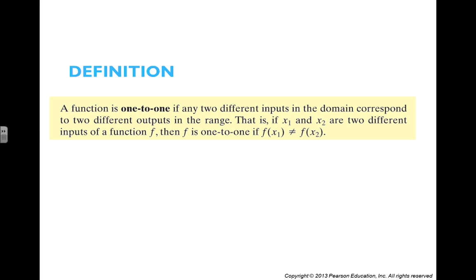A function is one-to-one if any two different inputs in the domain correspond to two different outputs in the range. That is, if x1 and x2 are two different inputs of a function f, then f is one-to-one if f of x1 is not equal to f of x2.